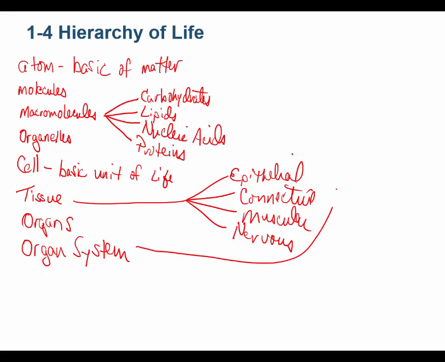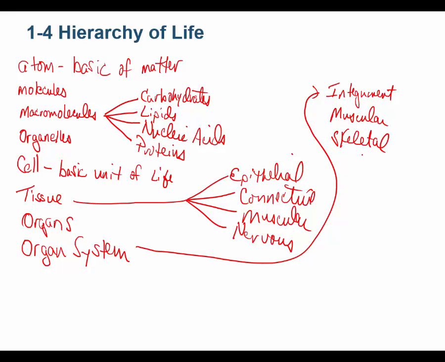By the way, I'll take a shot at it. See if I can get all 11 of these. And this is no particular order, but we'll do the integumentary system. That's your skin. You have your muscular system. You have your skeletal system. That's the muscles and the bones. You have your nervous system.